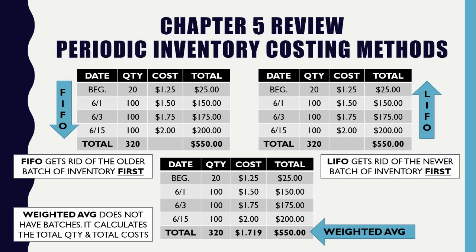So that means we're going to start from the bottom and slowly make our way up to the top. Where our weighted average, we don't care. All we care about is what is the grand total cost and what is the grand total quantity, and solving for the average cost, which is going to be the price point that's right in the middle. So in this case, we don't care about going from top to bottom or bottom to top. We care about what the end result is.